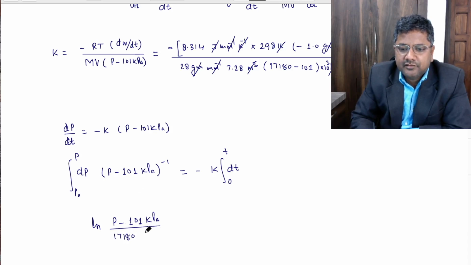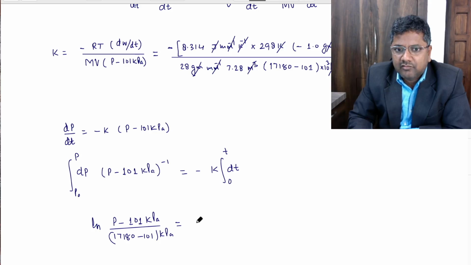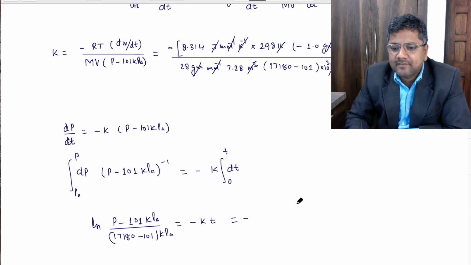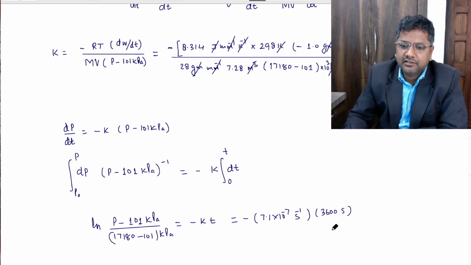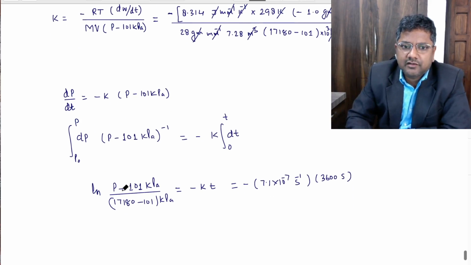This is equal to minus KT. K is 7.1 times 10 to the power minus 7 second inverse, times 1 hour, which means 3600 seconds, right? So solve this for P.